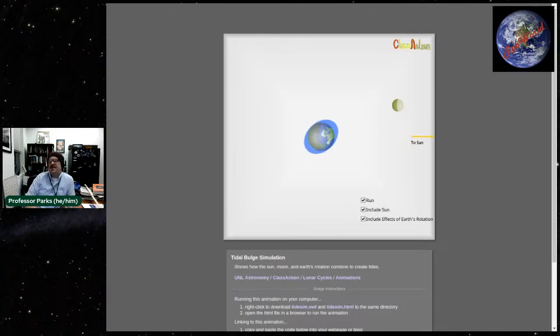And so we see here, hopefully what you can see is, I will stop it right there. All right, so really take a good look at this shape, where you have the bulge raised by the moon, and then you have the bulge raised by the sun. And so you have a fairly good bit of blue over here, a fairly good bit of blue over here.